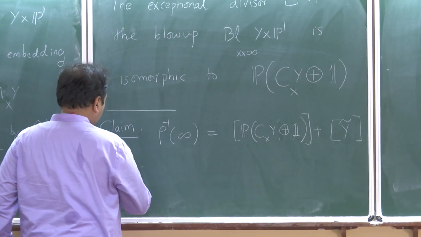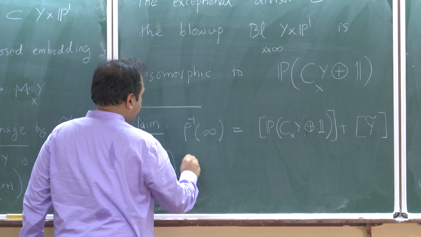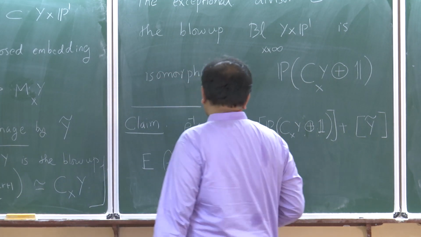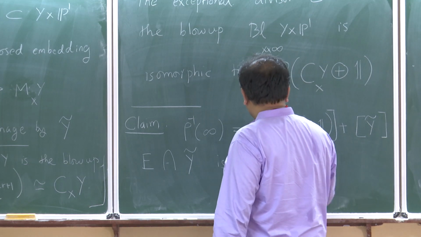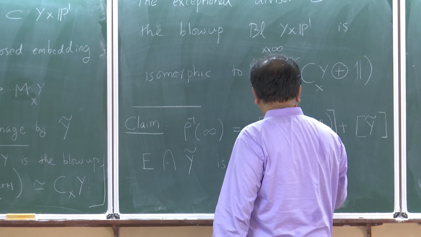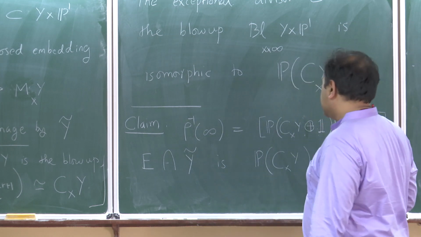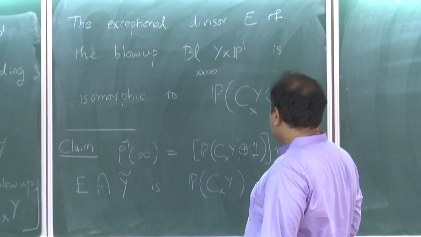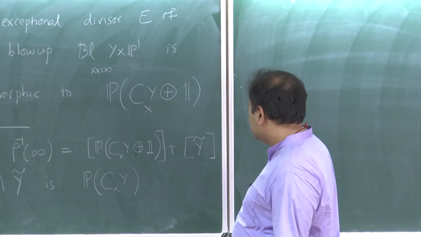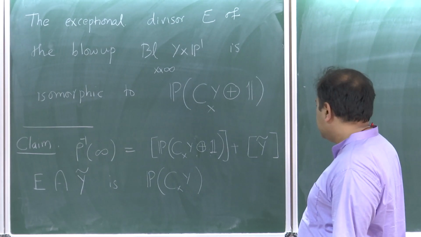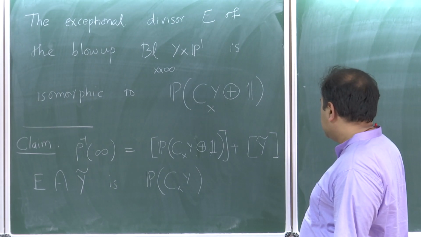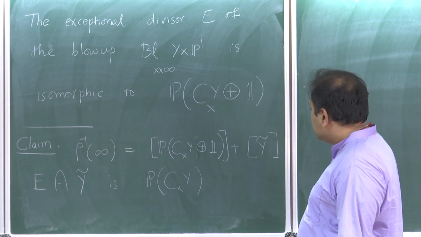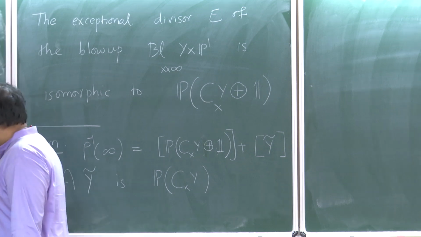So E intersection y tilde, what is this? This is basically P C_xy. No, what am I saying? You're throwing away the part at infinity, taking the rest of the C_xy.